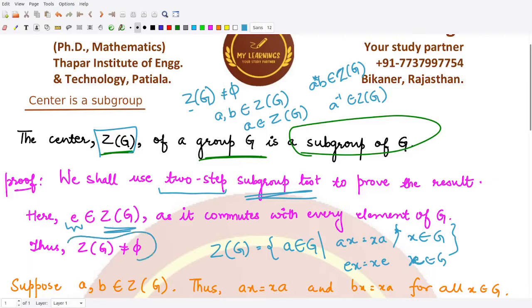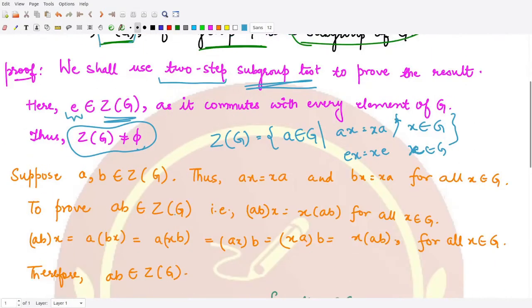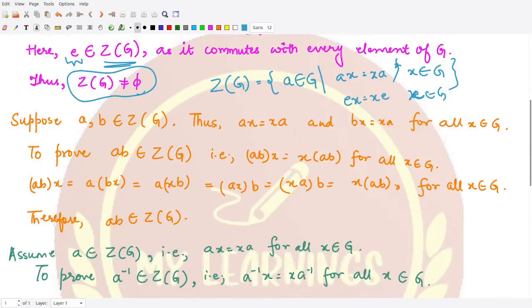Therefore this is non-empty in nature. Now the next property we want to prove is that if we take two elements A and B from the center of the group, then their product is also in the center.